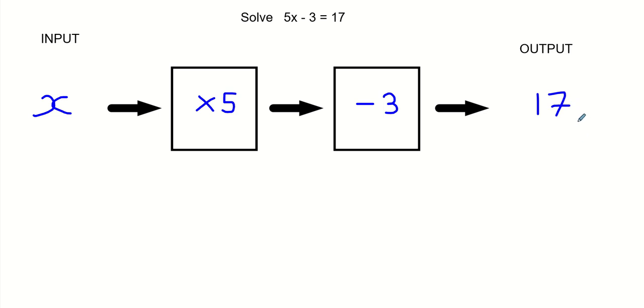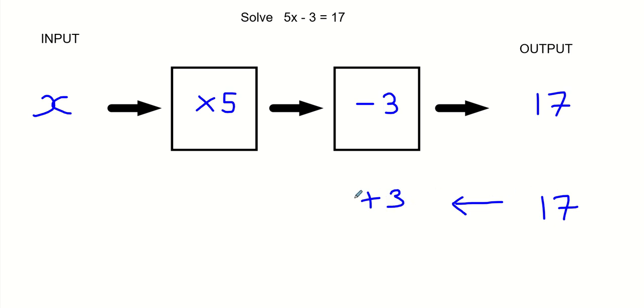In order to figure out what x must have been when we started, we're going to work backwards through this machine, starting with the output of 17. So before we subtracted 3 to get 17, we can figure out what this intermediate step must have been by doing the opposite of minus 3, which is add 3.